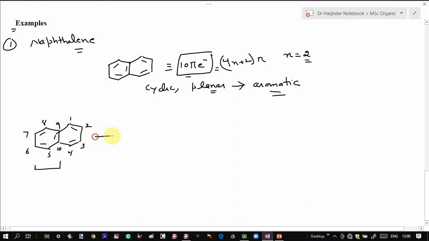Now let us see how to write resonance structures in these cases. In case of a polycyclic system, I will give 2 or 3 examples, and the remaining you can do by yourself. So while writing resonance structures, the very first thing is we rotate the double bonds which are present inside the benzene rings.